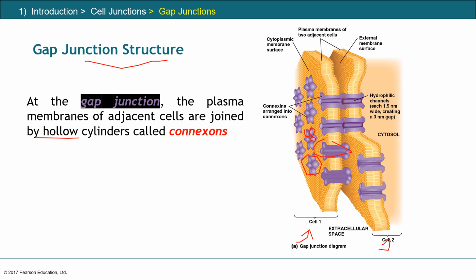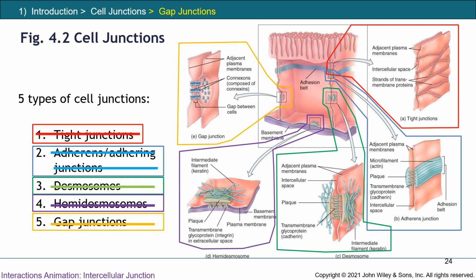Through this gap the ions are able to cross. With this, we just finished talking about the 5 types of junctions that we will cover in this course, and I gave you a very brief background about the function and structure of each one.